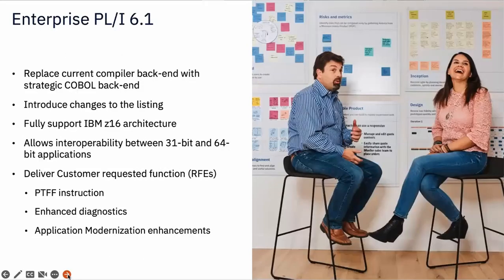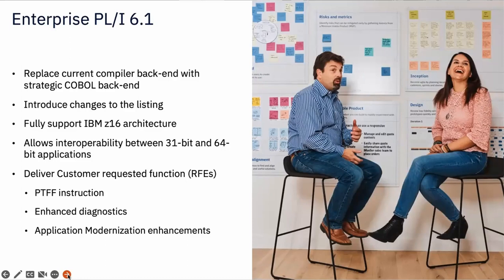So I want to move on to PL1. PL1 is still alive and very well, because we are still investing in PL1. So if you are using PL1 applications, we're still enhancing the product, and we're still doing the same thing as we do with COBOL in this compiler.